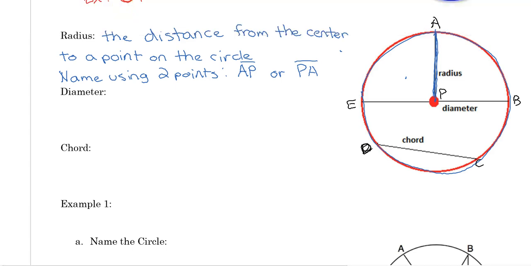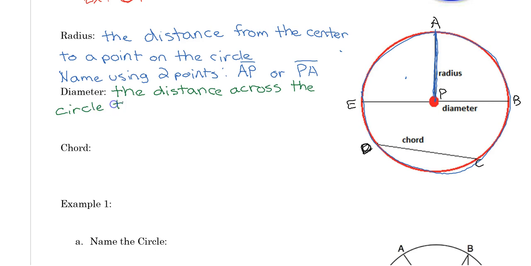Then we have the diameter. The diameter is the distance across the circle through the center.